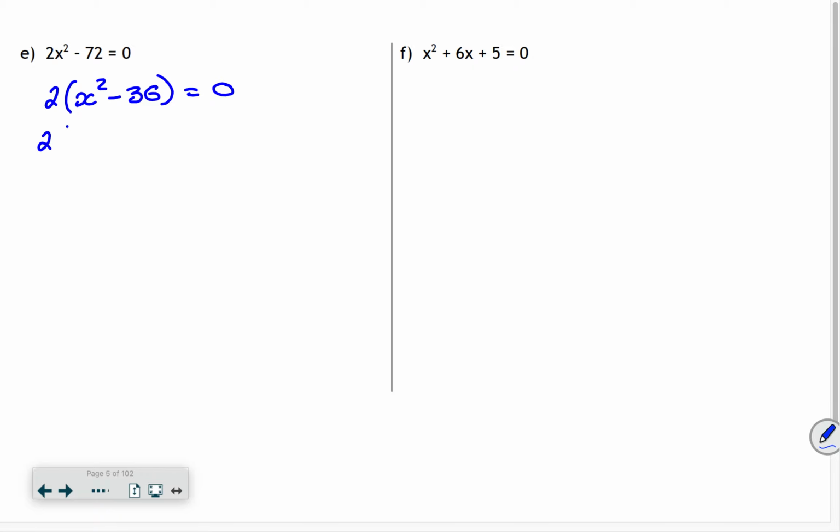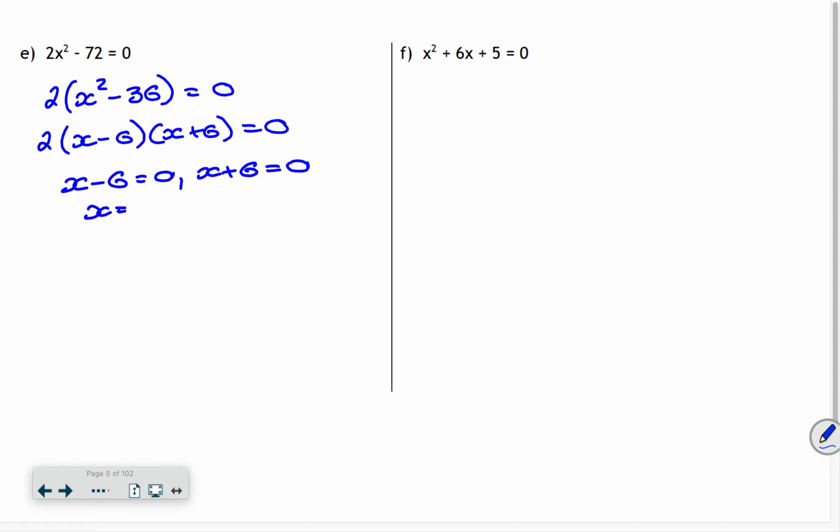That will be 2 brackets x minus 6, x plus 6 is equal to 0. Now this is an interesting one because obviously 2 cannot equal 0. So we forget about the 2 on the far left hand side, and we just treat what's in the brackets. So we have x minus 6 is equal to 0, or x plus 6 is equal to 0. So x is equal to 6, x is equal to negative 6.